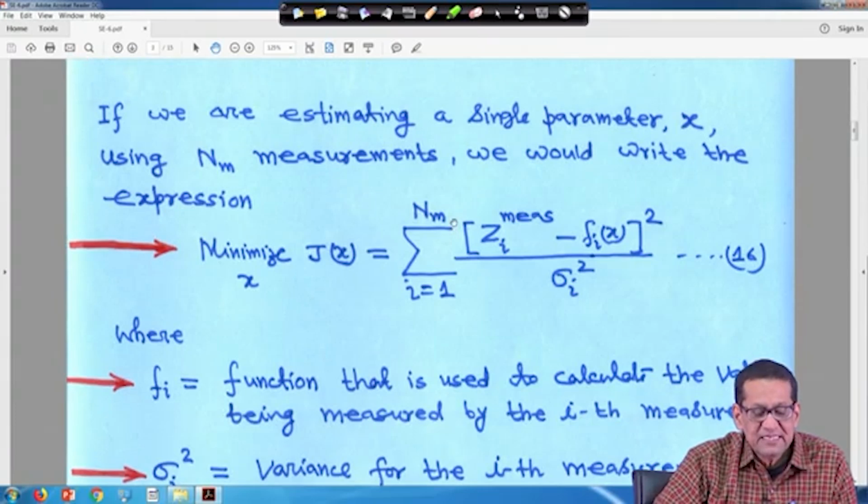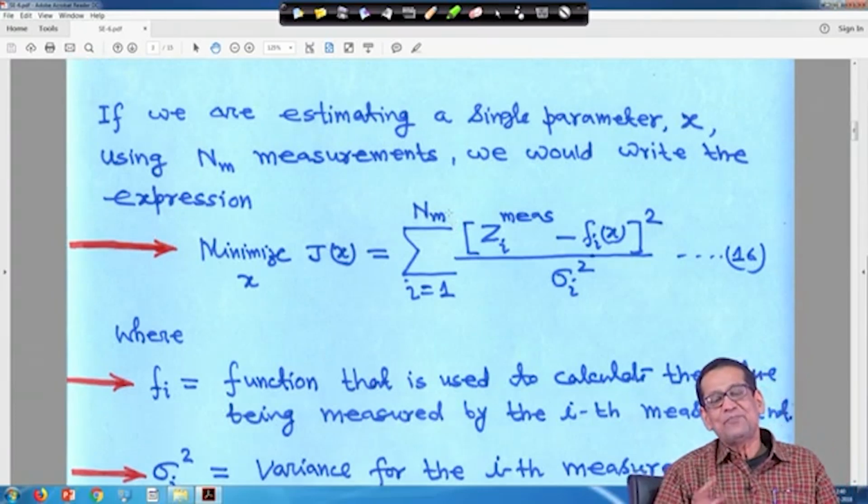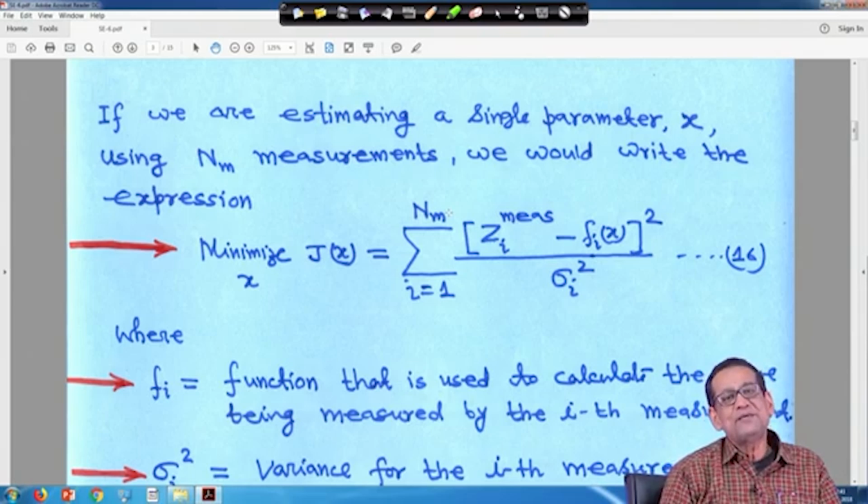Now, that is whatever we see for 2 ammeters. Now, come to a little bit deeper.